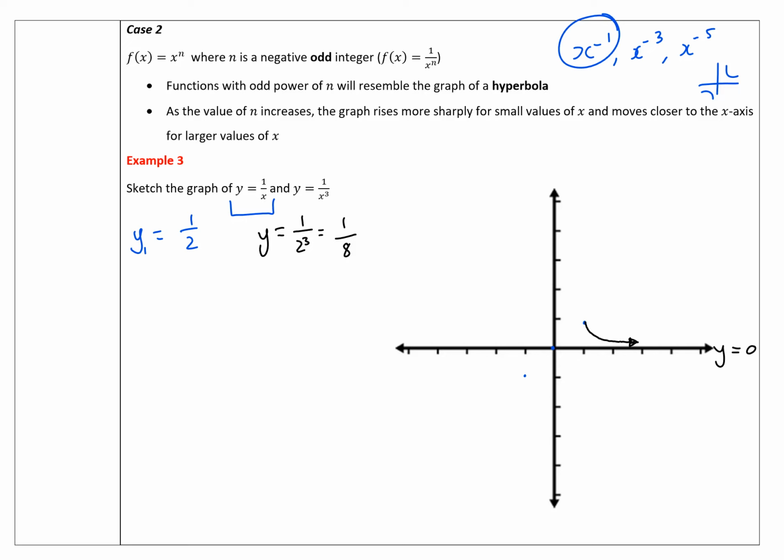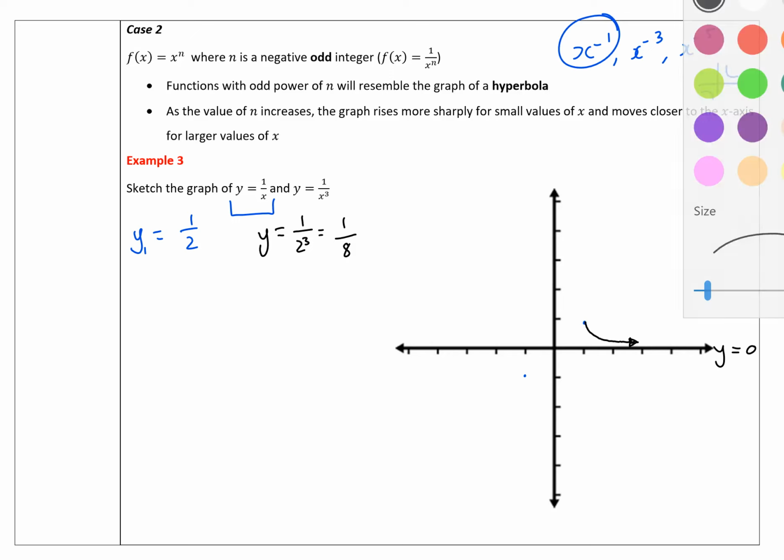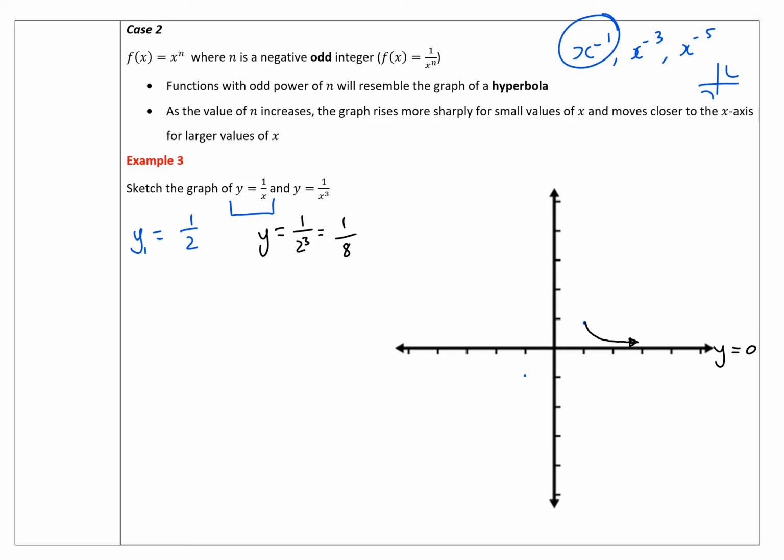So in fact, I think I mentioned before that 0 was a point of intersection. It's definitely not. If I subbed in negative values for this, something like negative 2, well, we'd get negative a half. Subbing in negative 2 into x to the power of negative 3 gives me negative 1/8.